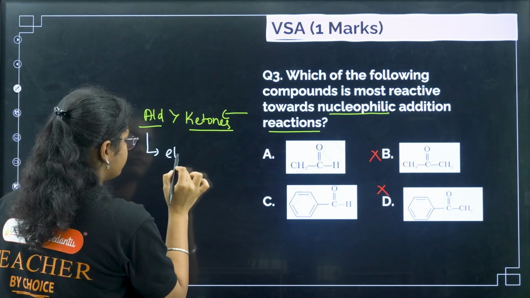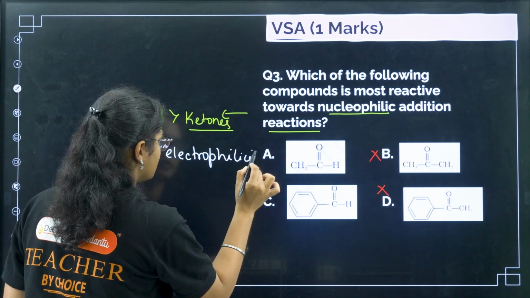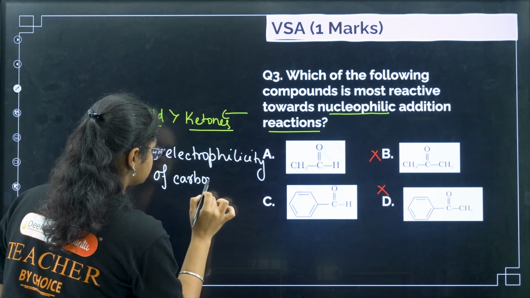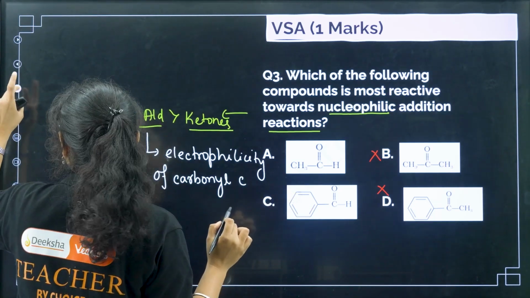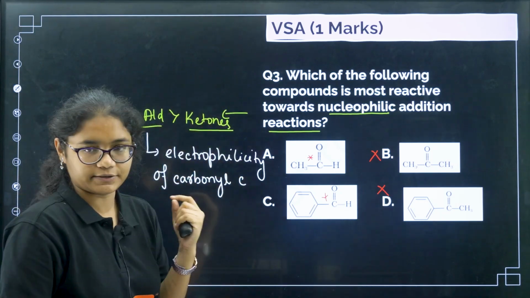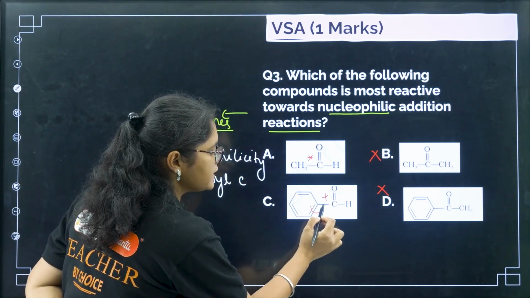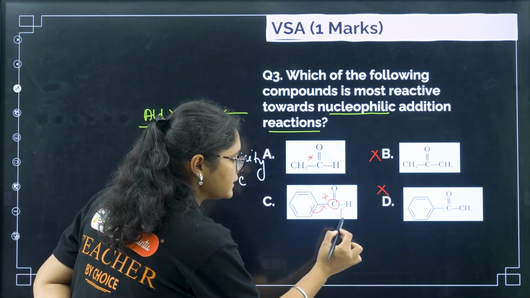The electrophilicity of carbonyl carbon. Right, this carbon should be electrophilic in nature. Okay. Now, what happens if this benzene ring is present? Due to resonance, it donates electrons here, and the electrophilicity of this carbon decreases.